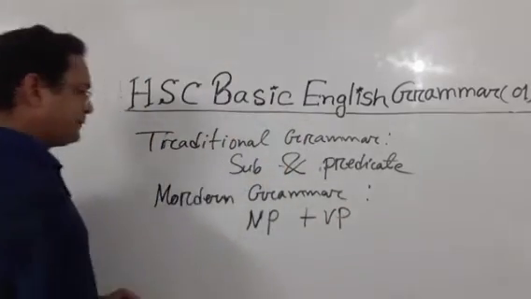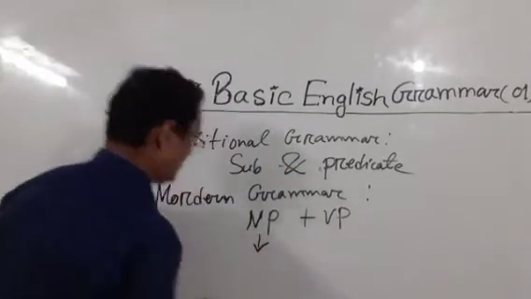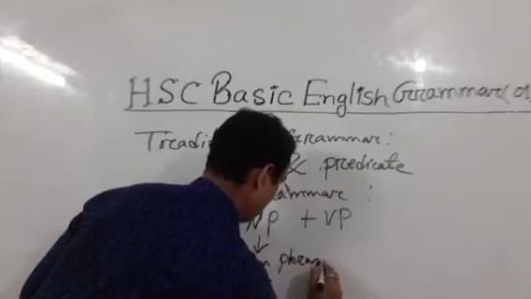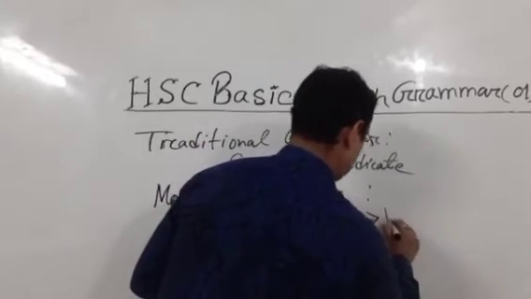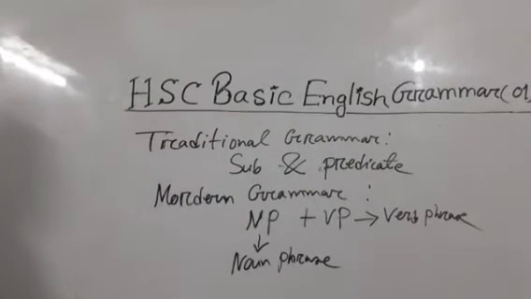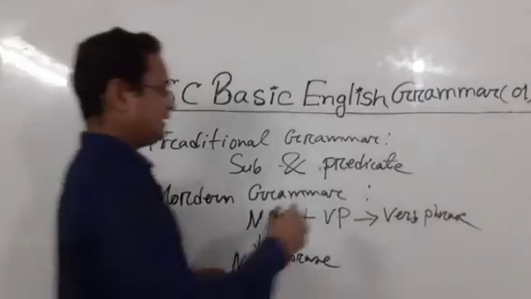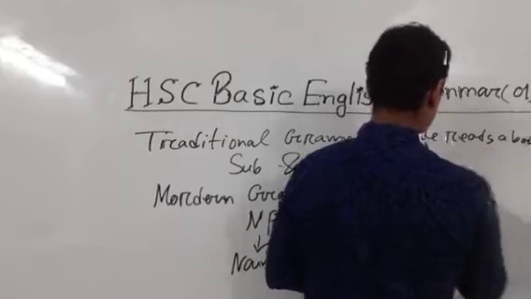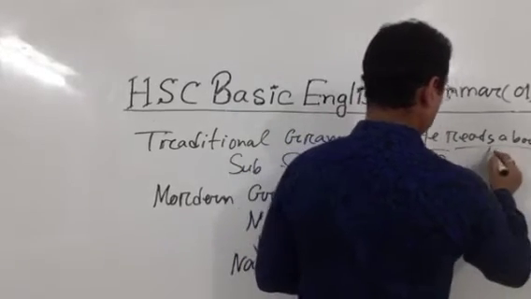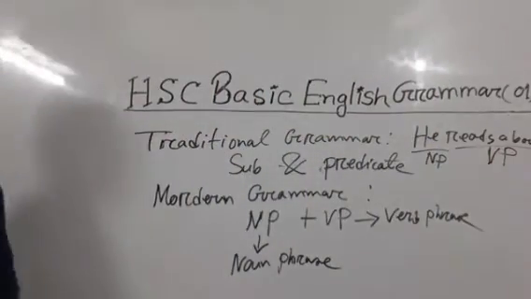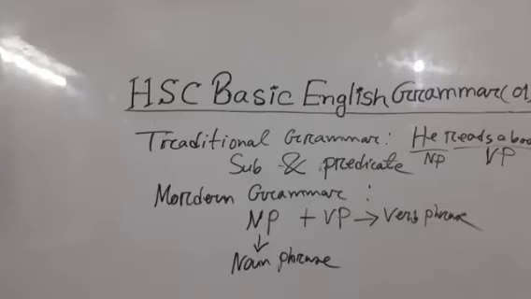What do NP and VP mean? NP means noun phrase and VP means verb phrase. Suppose, he reads a book. He is the NP and reads a book is the VP. That means noun phrase and verb phrase. There's a difference between traditional grammar and modern grammar here.